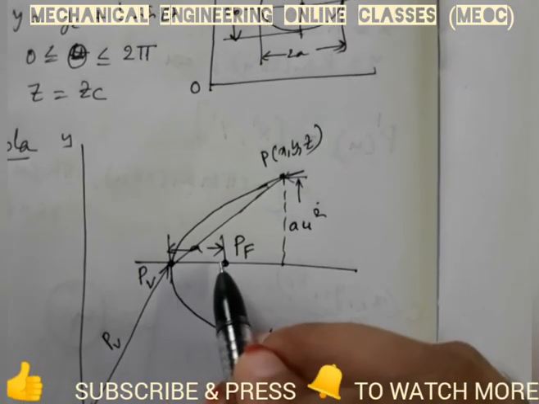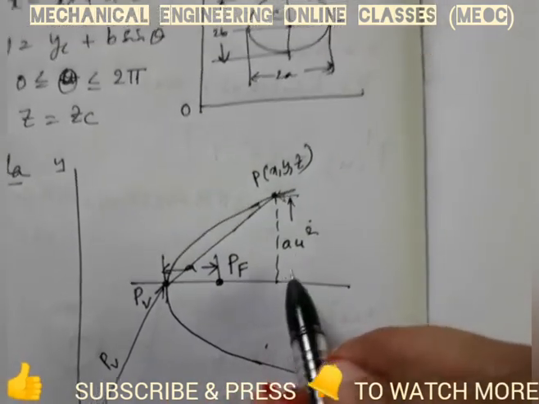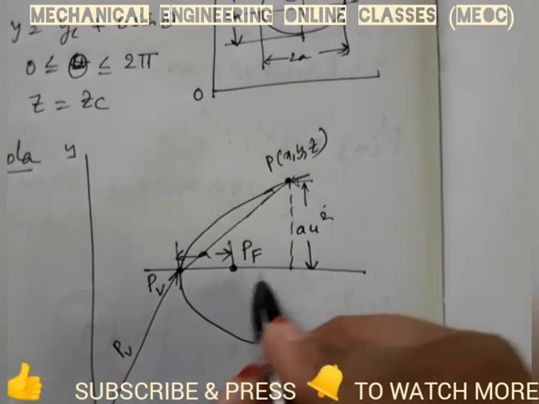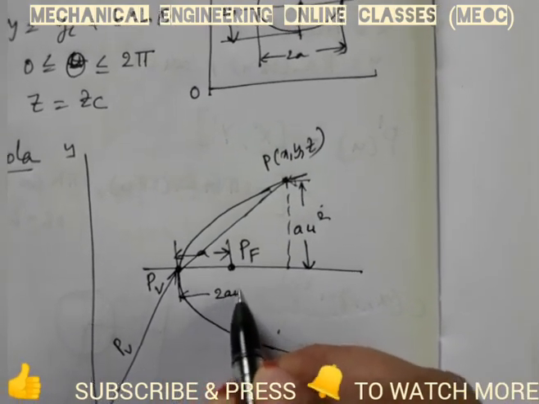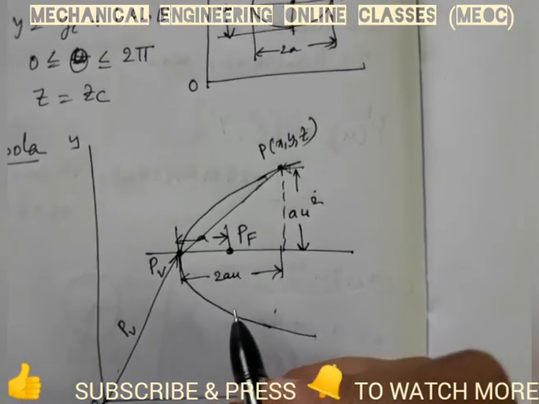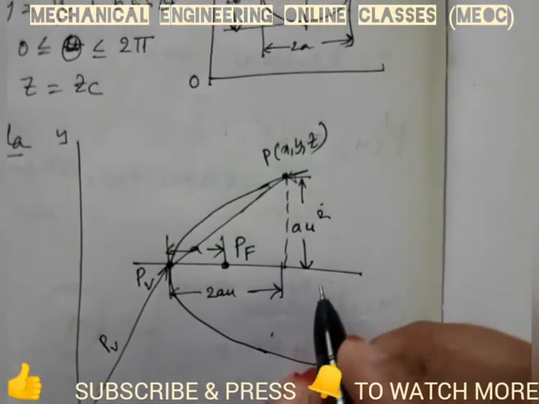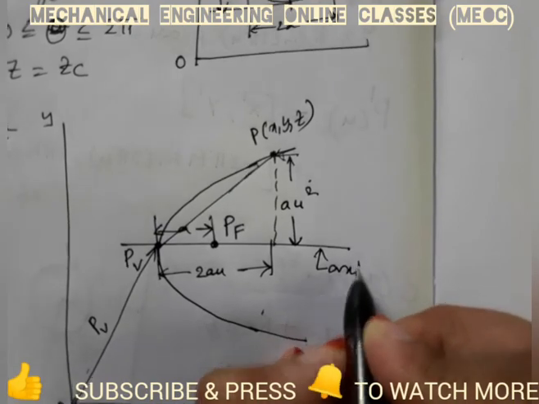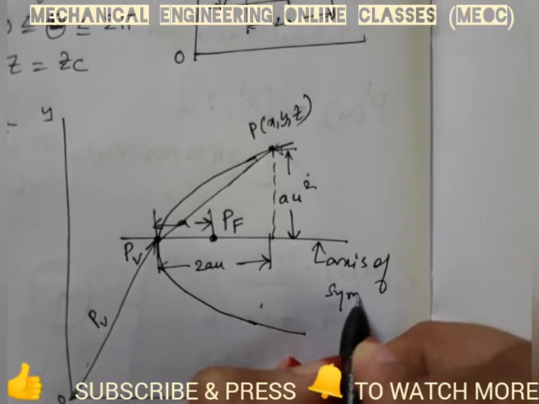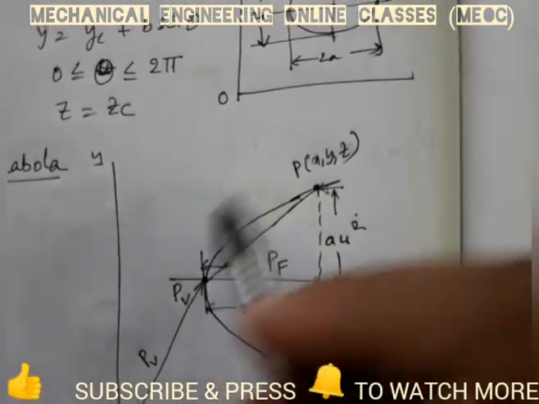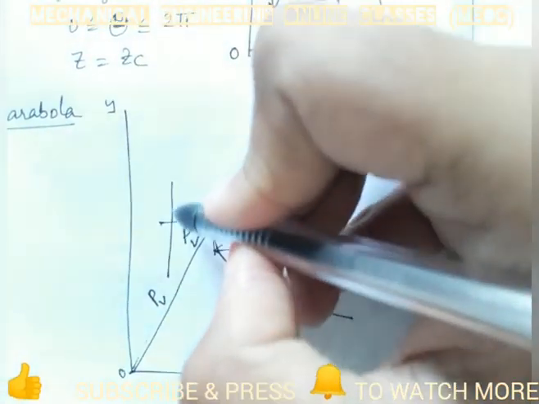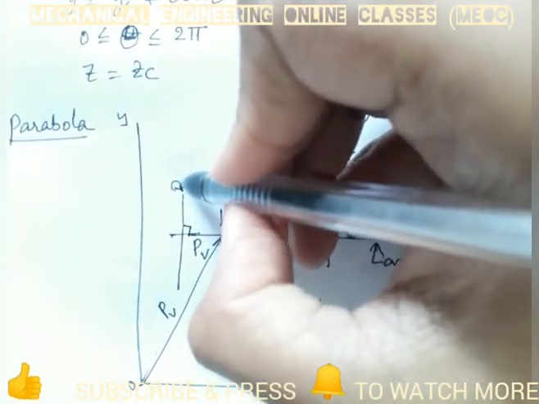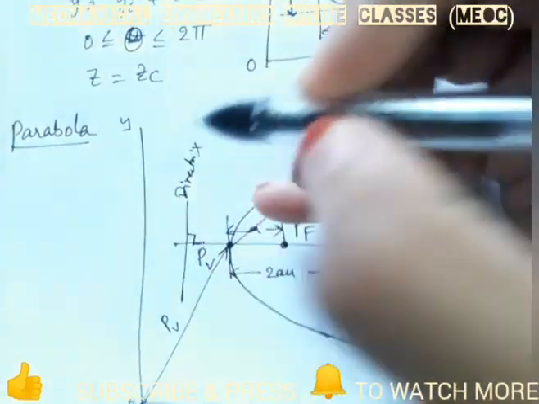If from the vertex to focus is A, then this will be AU square, and this will be 2AU. But this is the axis of symmetry, and this is the directrix.